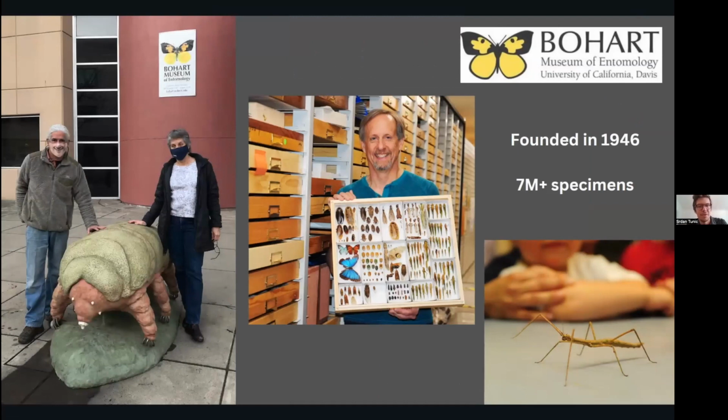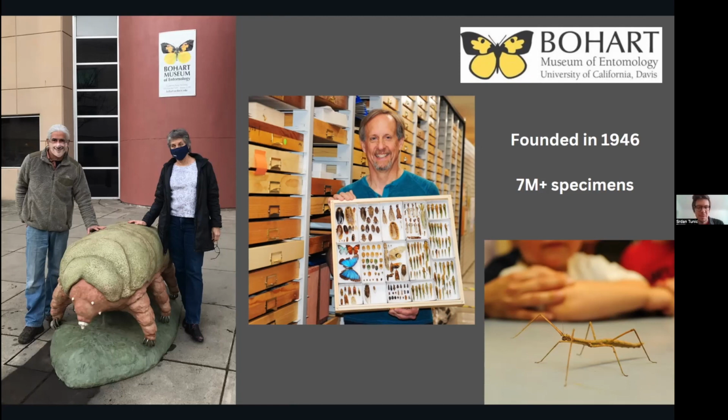It's a research institution at UC Davis, founded in 1946. It was founded when Professor Bohart gave 2 boxes filled with insects, like the ones you can see in the middle photo, to the museum, and now the museum has more than 7 million specimens.